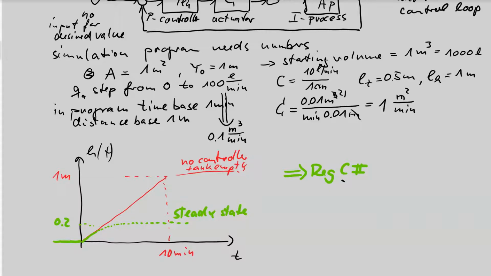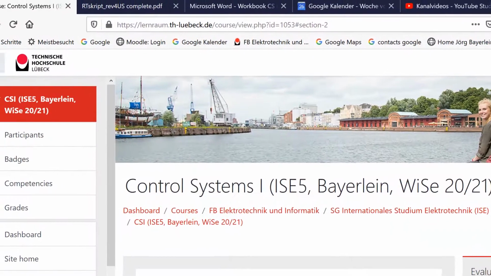In a video I have presented an introduction. In a 28-minute video you can see some function of this, so I assume that you have seen this video, have found the position of Regc Sharp. Maybe I should do this again. I show you in Moodle course where you can find the Regc Sharp program.